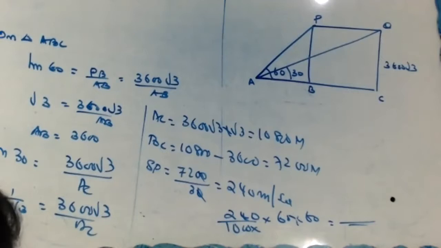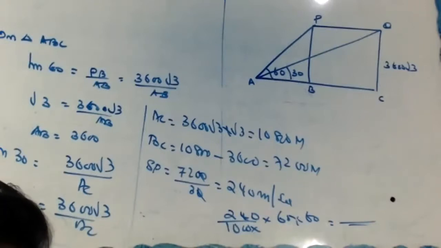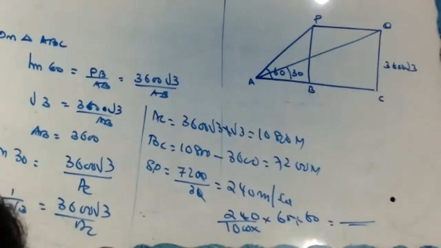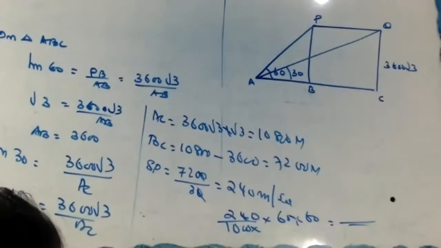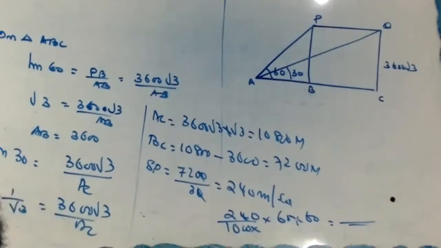Next line. The bird flies away from the point of observation horizontally and remains at constant height. Okay. Next.